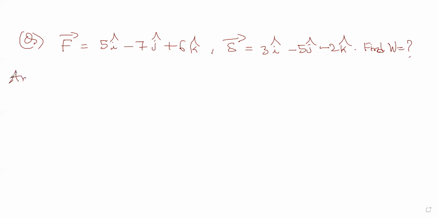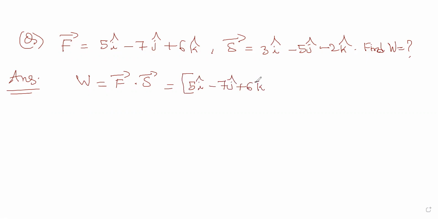Can anyone tell me the answer quickly? What's the work done? The formula is F bar dot S bar. So 5i cap minus 7j cap plus 6k cap dot 3i cap minus 5j cap minus 2k cap.